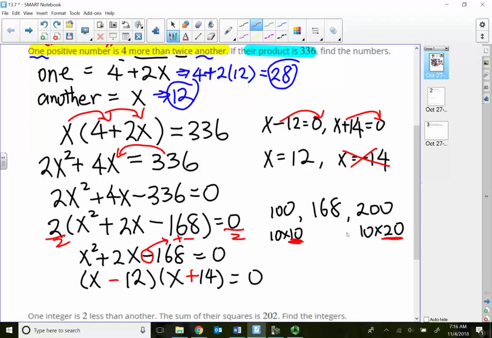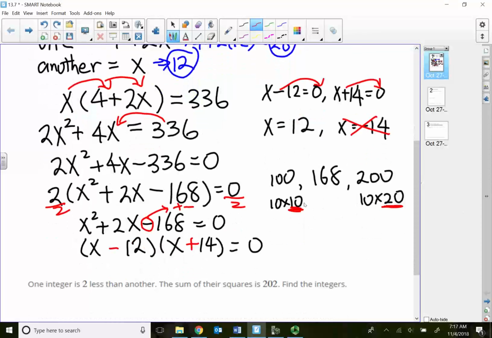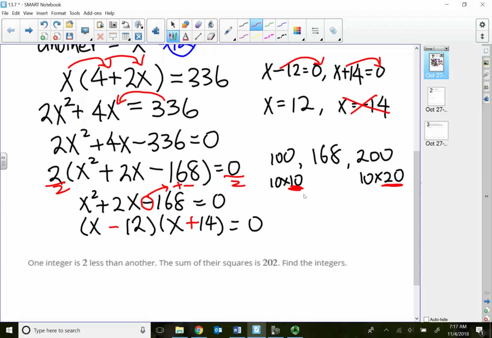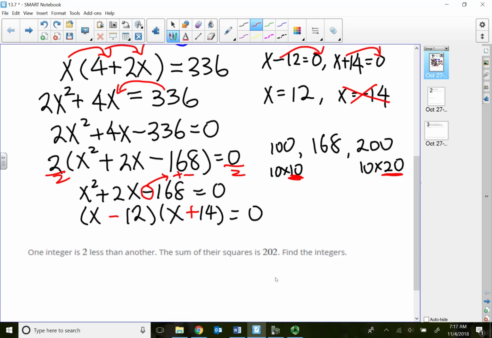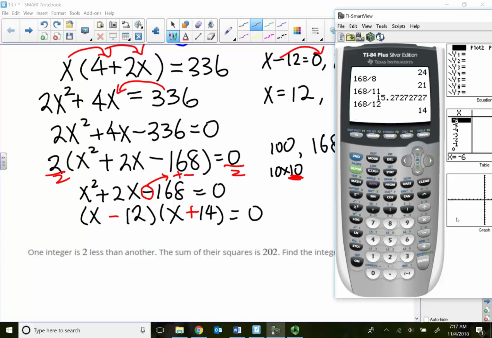So I can kind of guess that my answer is going to be somewhere between 10 to 20, or very close to a little bit below 10, or a little bit bigger than 20. So this is the technique that we can use to deal with the bigger numbers for other examples. It gave me a guide on where I should start, plugging my number in the calculator in order to get what I wanted in the middle.